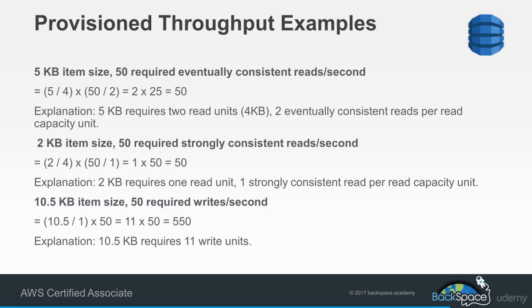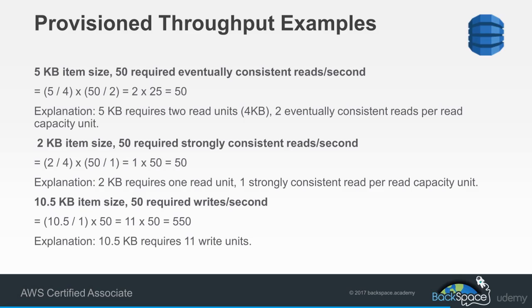So let's have a look at writes. So provisioned write capacity that we need. We've got 10.5 KB in item size, and we want 50 required writes per second. We obviously don't need to worry about eventually and strongly consistent reads, because these are writes. So it's 10.5 divided by 1. The size is 1K, unlike reads, which is 4K, it's 1K for writes.